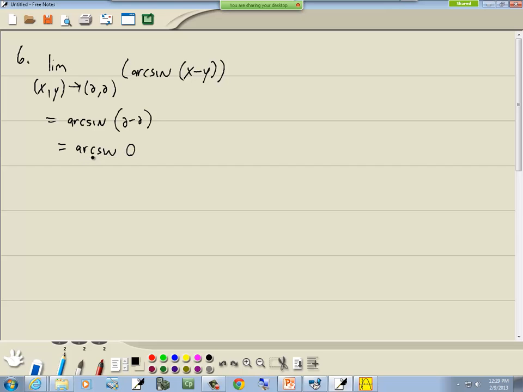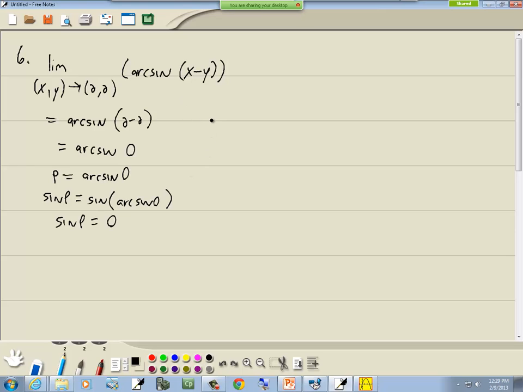Now, we don't know what this value is, so we can set it equal to a variable. Say p is equal to arcsine of 0. If you remember from trig, we can take sine of both sides. And sine and arcsine cancel each other out, and we get sine of p is equal to 0.